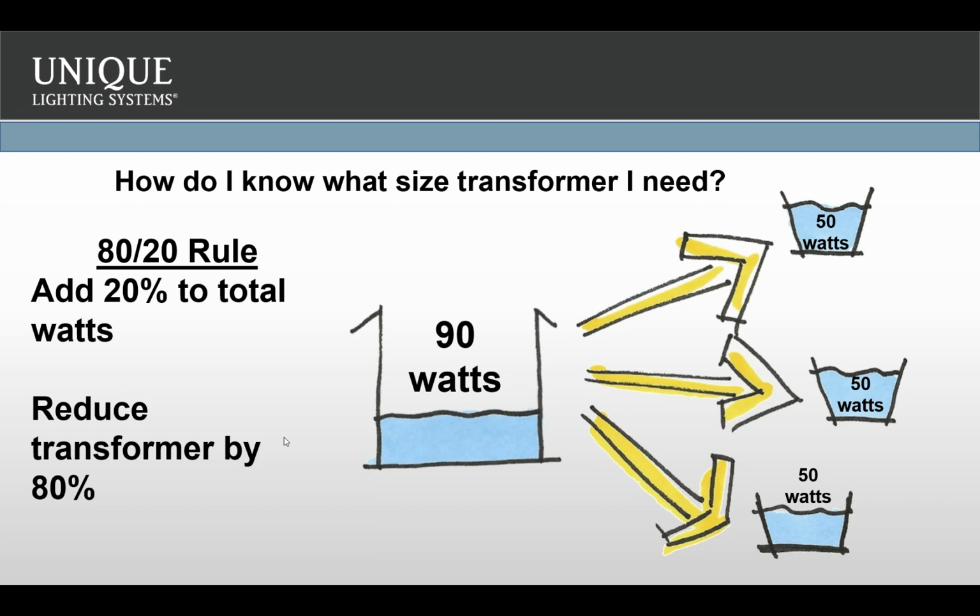Then, whatever transformer you're going to use, reduce that by 80%. As long as you're in that range between adding the 20 and reducing to 80, that should give you plenty of room on your transformer when you're sizing it.